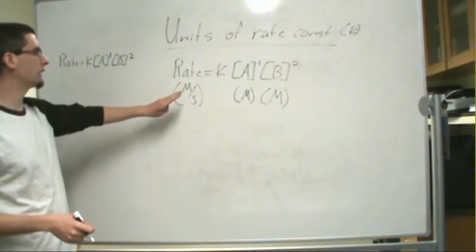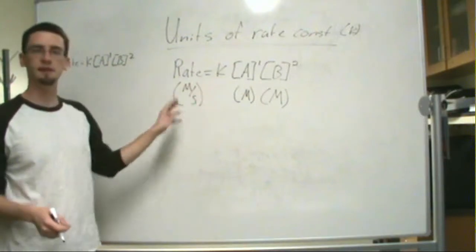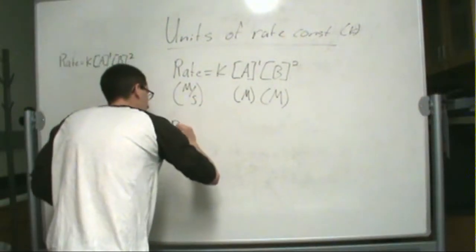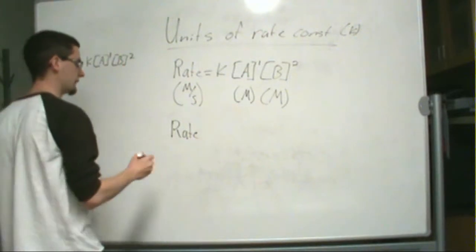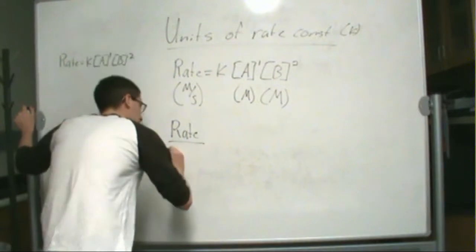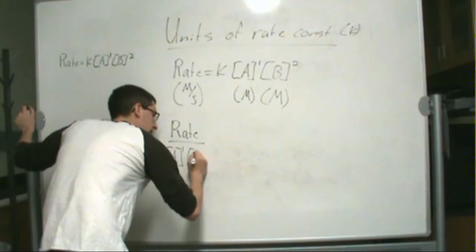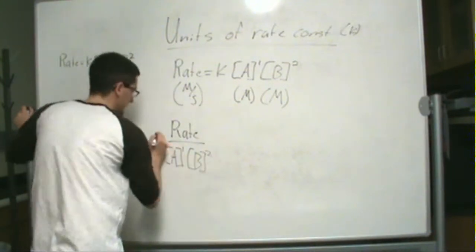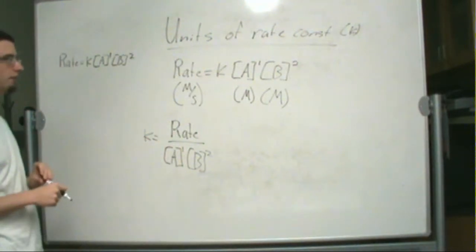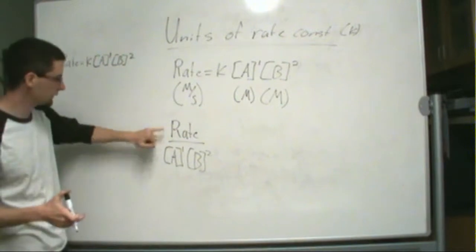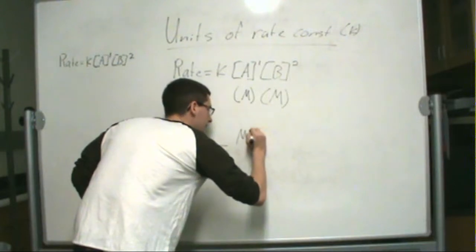What we have to do is figure out the units of the rate constant by manipulating this equation around. This will also show us how, if we wanted to solve for k, we would do that. So rate is equal to k times A to the power of 1, B to the power of 2. If we want to find the units, all we have to do is sub in whatever units we're looking for. For our rate, we would sub in the units of molarity per second.